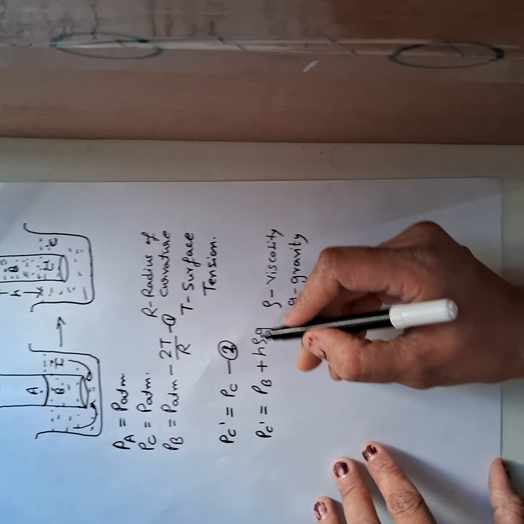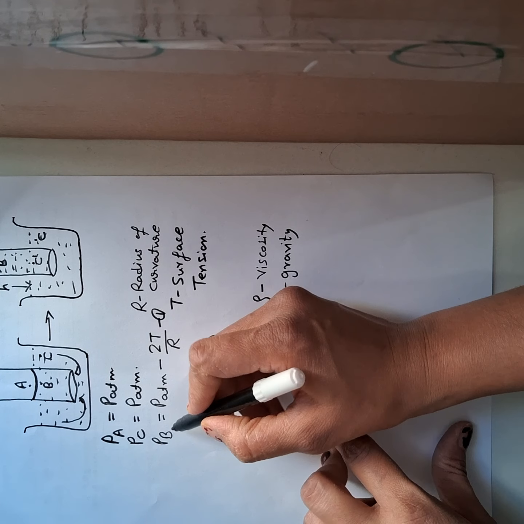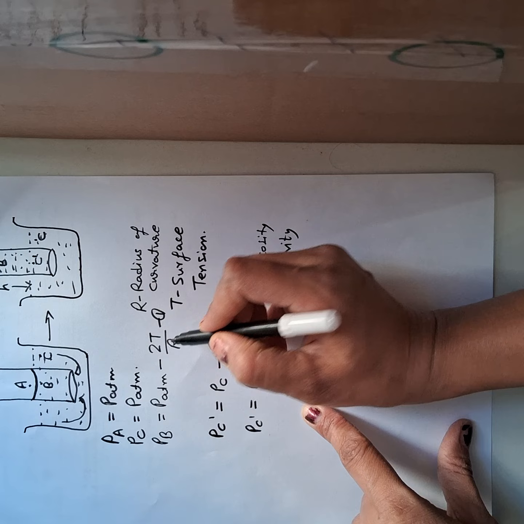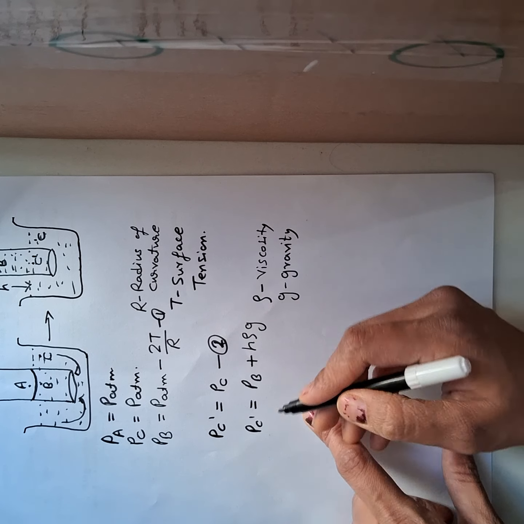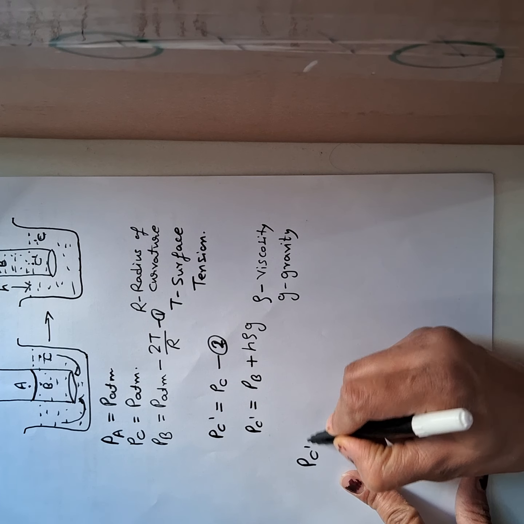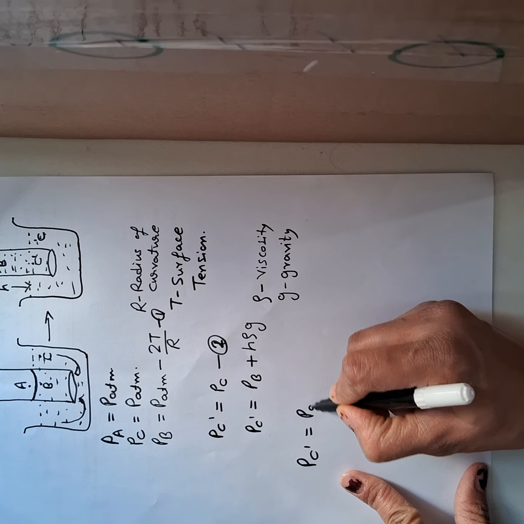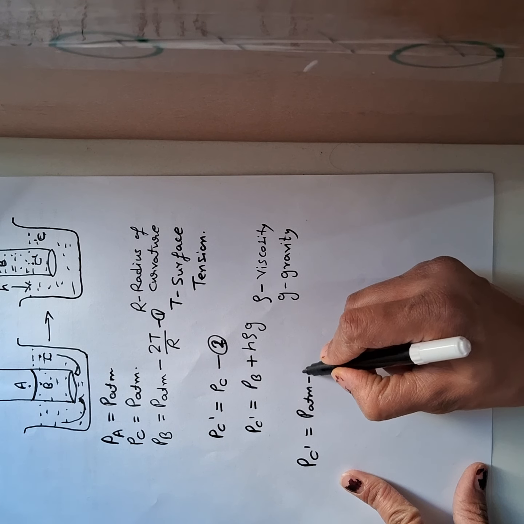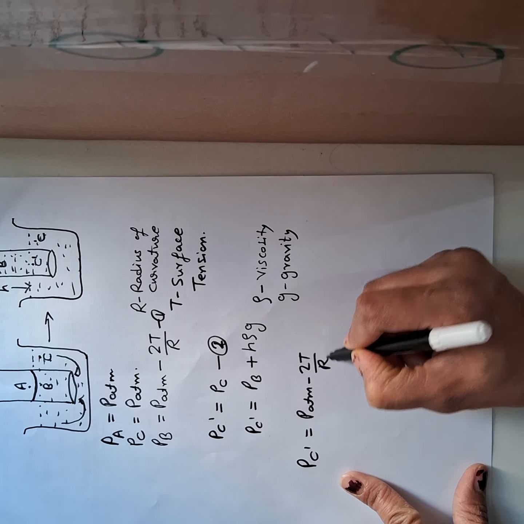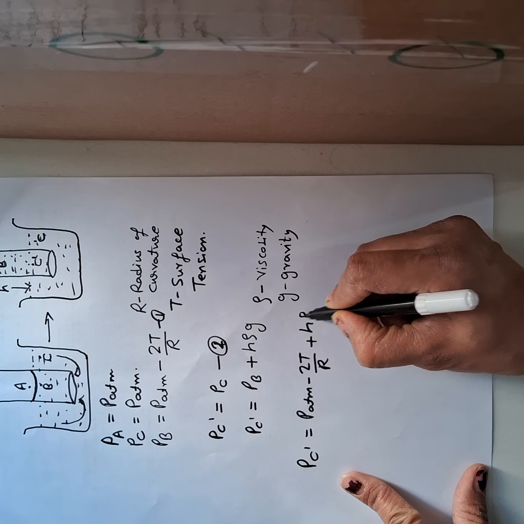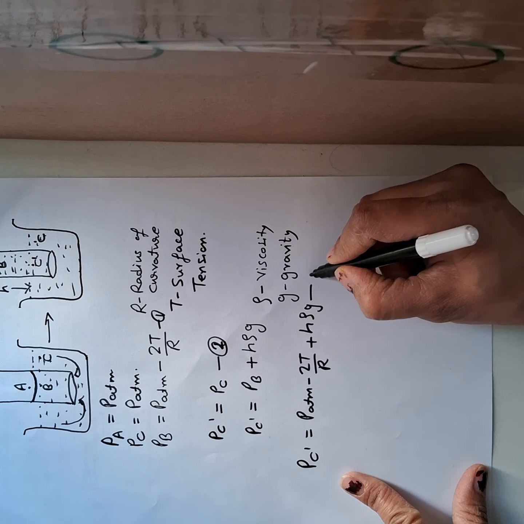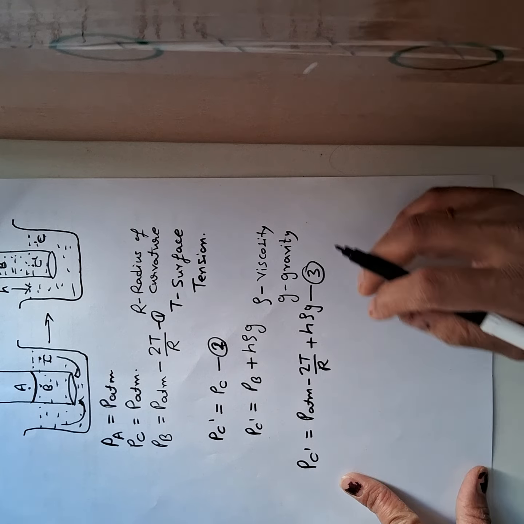Now we have seen that P B is equal to P atmosphere minus 2T by R. When we substitute this value, P C prime is equal to P atmosphere minus 2T by R plus h rho g. Mark it as equation number 3.